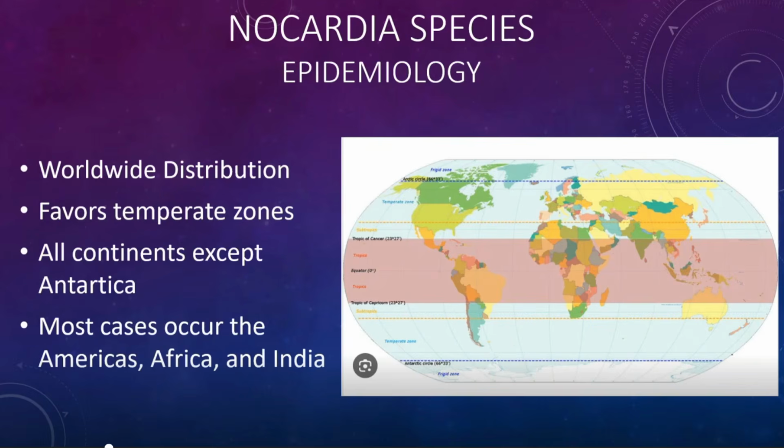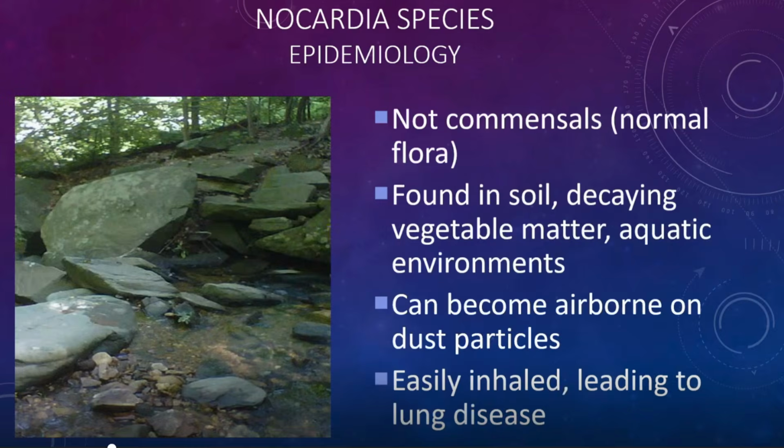Most cases occur in 3 specific zones: the Americas, Africa, and India. Now, distinct from Actinomyces, Nocardia is not a commensal, so the presence of any positive culture within a human being is considered abnormal. You can typically find Nocardia in the external environment.